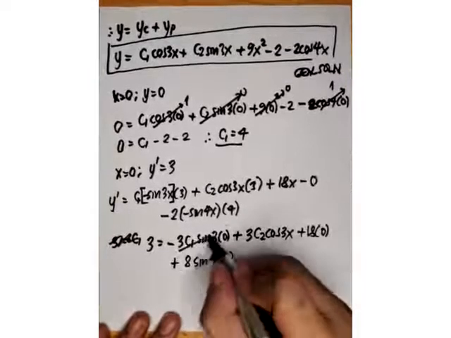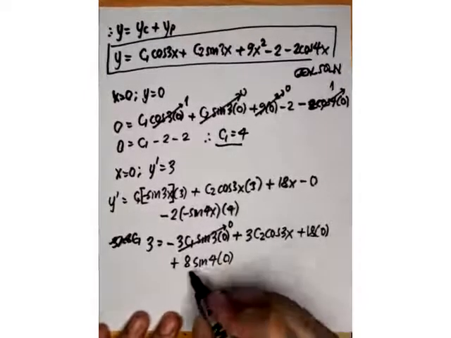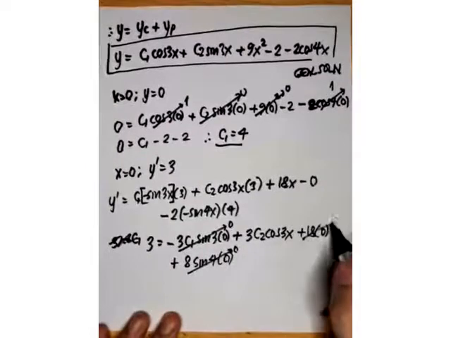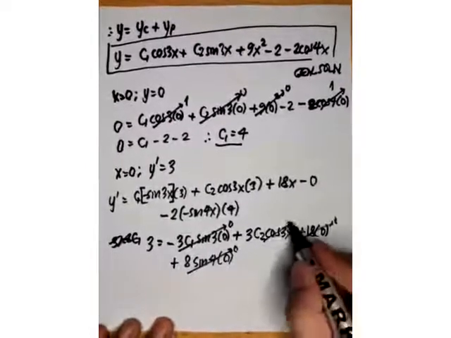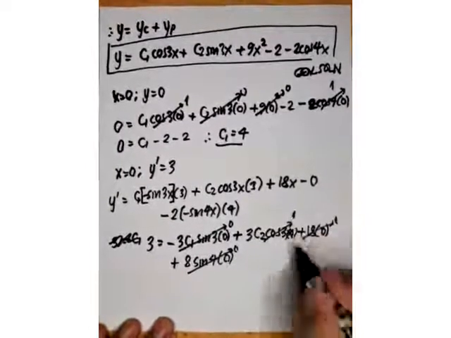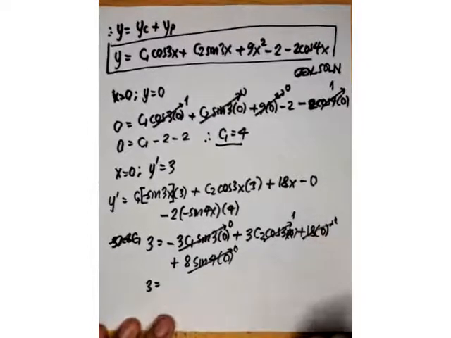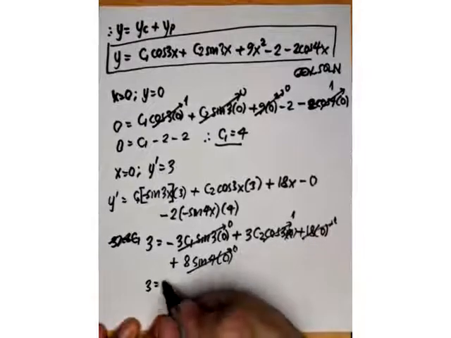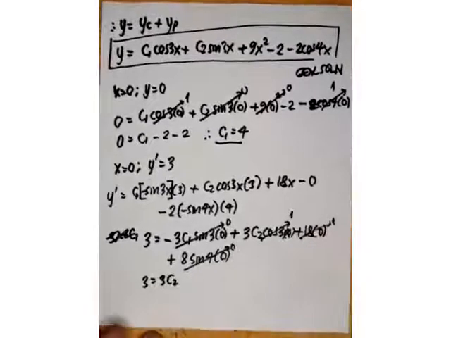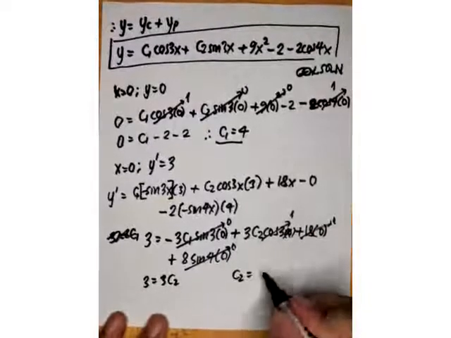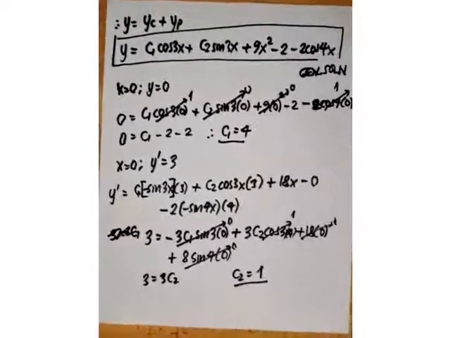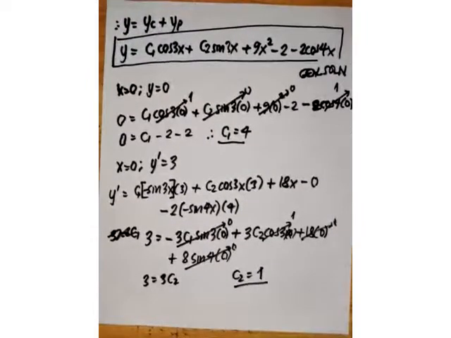Okay, sine 0 is 0, so this term is 0. And this is also 0. And this is also 0. So matitira ay 1. 3 is equal to 3C2. So C2 is equal to 1. Tama?